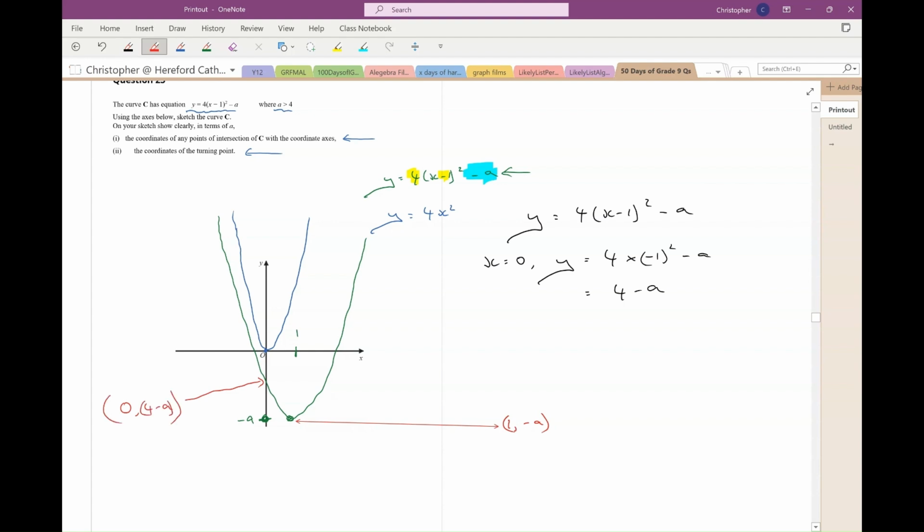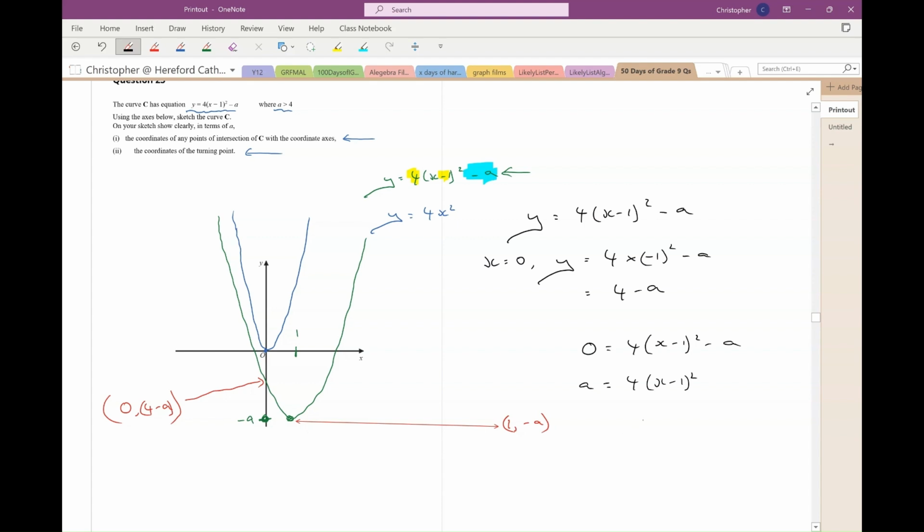So now we're just left with finding the coordinates of the points where our line crosses the x-axis. So we need to solve the equation when y is 0. So we're going to be looking at this equation. 0 equals that. Let's add a to both sides.